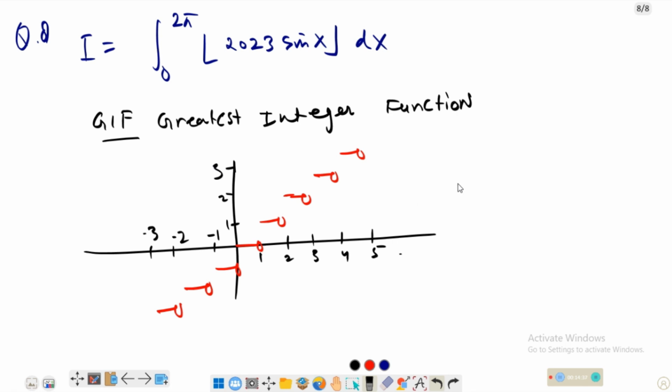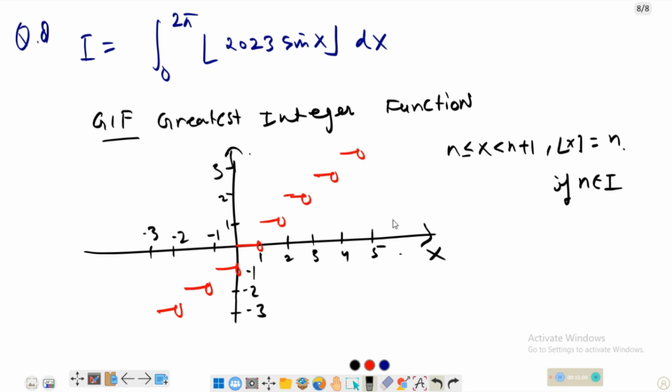So when x lies between n and n plus 1, the greatest integer of x is equal to n, where n belongs to the set of integers. So this is the greatest integer function.